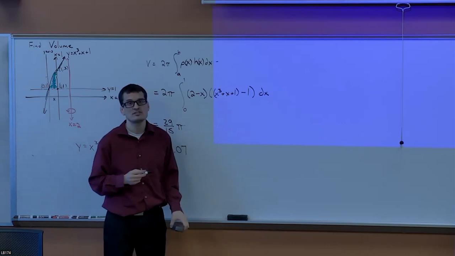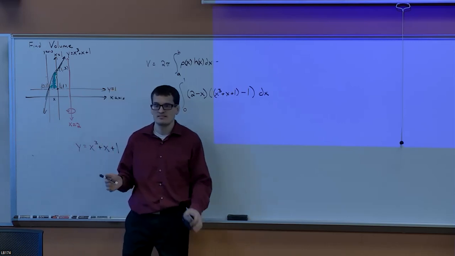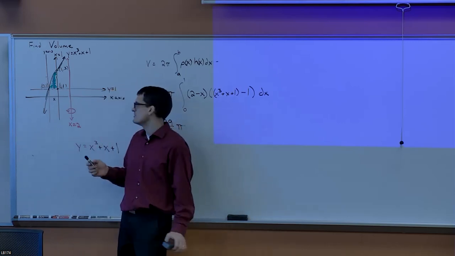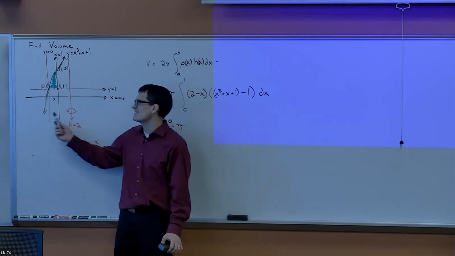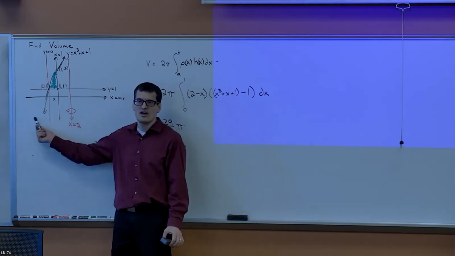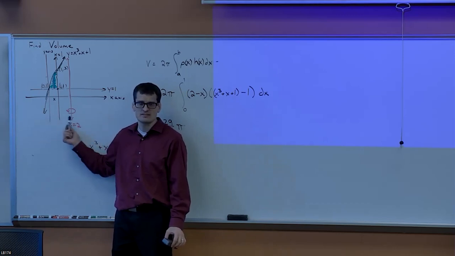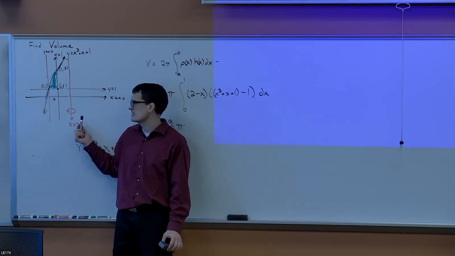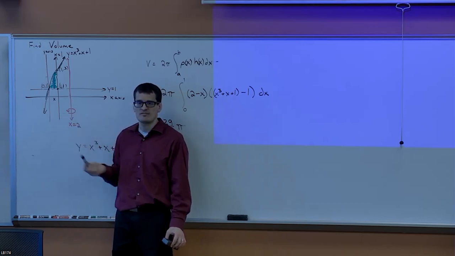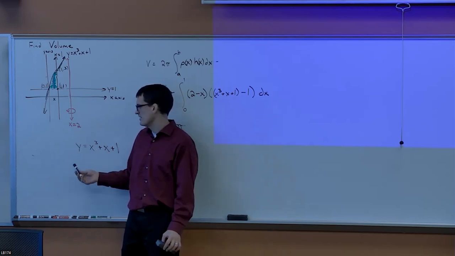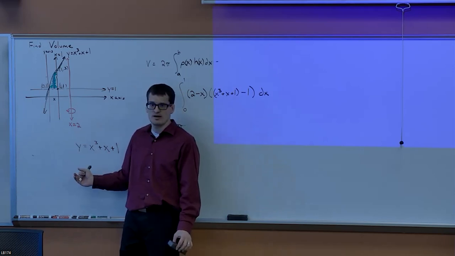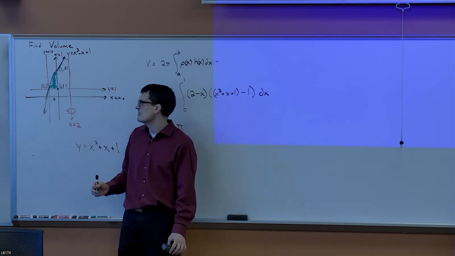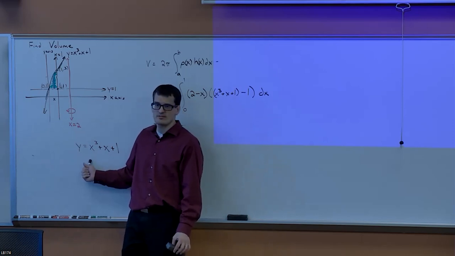Like I said, it's not just nice to have the shell method, it's nice to have both methods, because you can imagine if you wanted to rotate this around a horizontal line, this shell method, you'd have to integrate with respect to y, and then you'd be in the same problem spot of solving this for x. That makes sense.